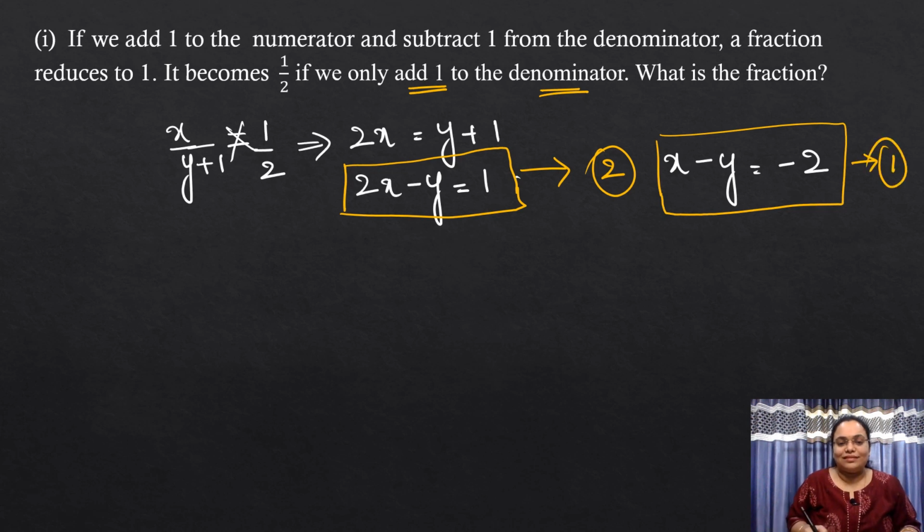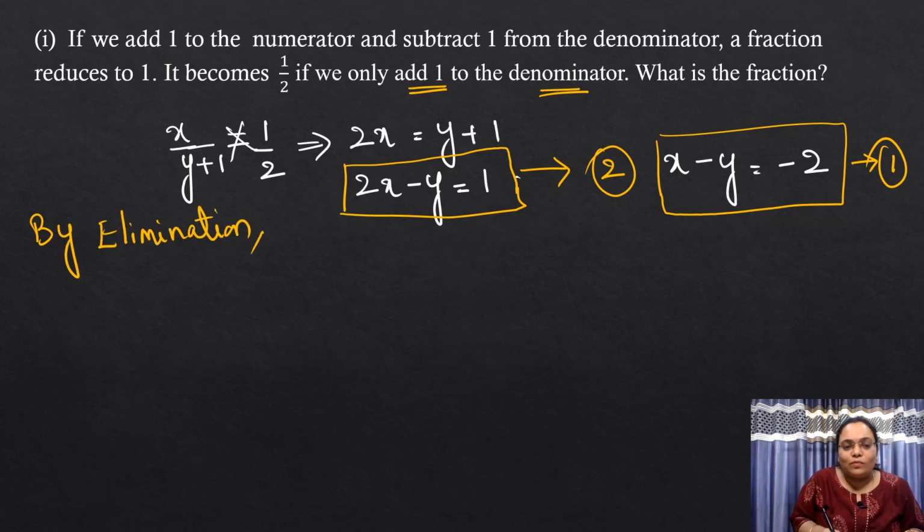So we need to use the elimination method. Equation 1 is x minus y is equal to minus 2 and equation 2 is 2x minus y is equal to 1.